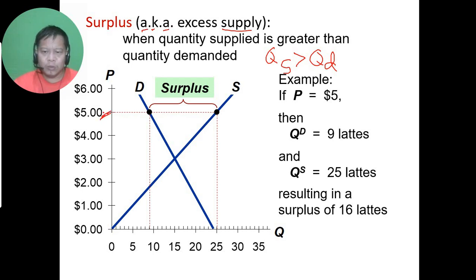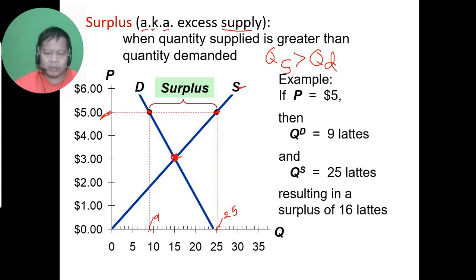So if it is set at 5, it is not at the equilibrium because the equilibrium is over here, no? Here the consumers are willing to buy, and the supplier is also willing to supply. But in this case, if the supplier produces at this point, the quantity produced is 25. But if the price is 5, the consumers are only willing to buy at this level, no? So at a price of 5, what the consumers want to buy is only 9, no?